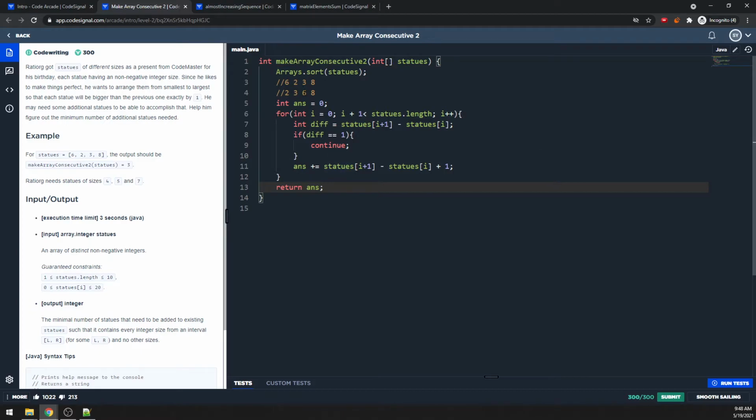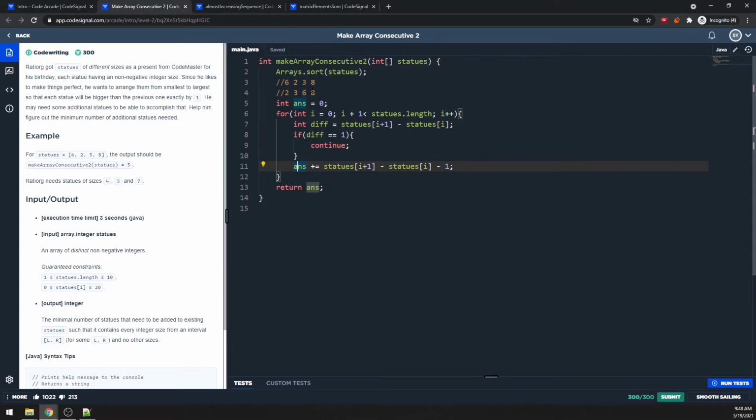So 6 minus 3 is 3, but we're only missing 4 and 5, which is 2, right? So it's subtract 1, sorry. So 6 minus 3 is 3, 3 minus 1 is 2. So the answer for now is 2.